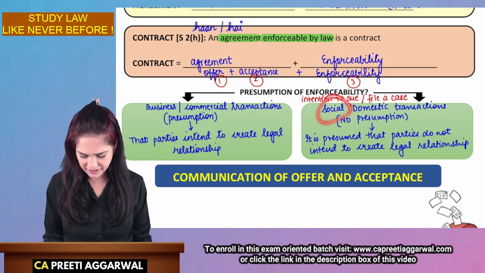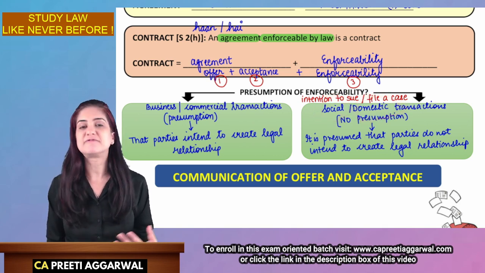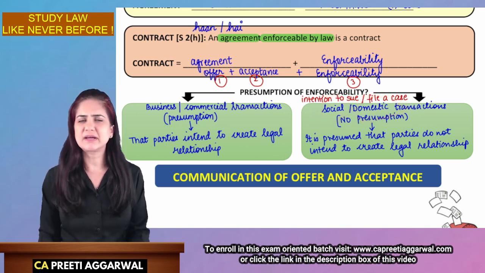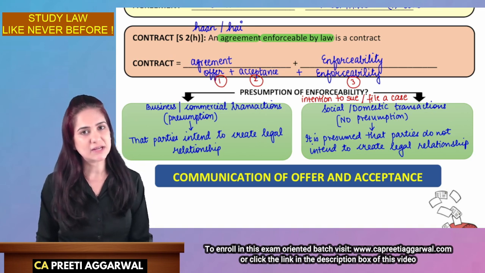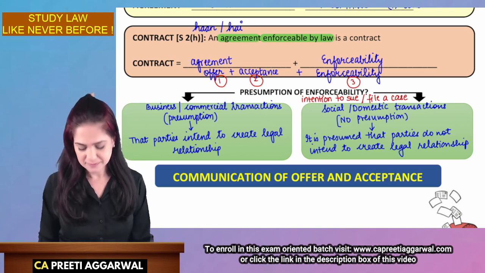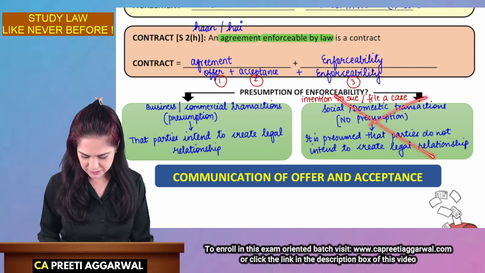Social is between friends, domestic is between family. We assume that they do not intend to create legal relations, so there's no enforceability. This will not be a valid contract.